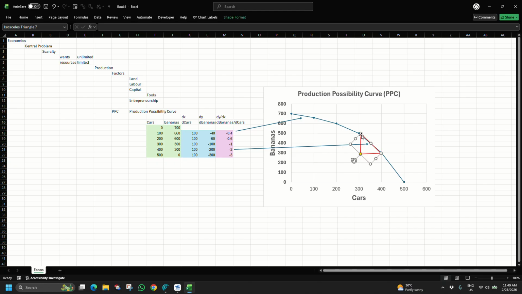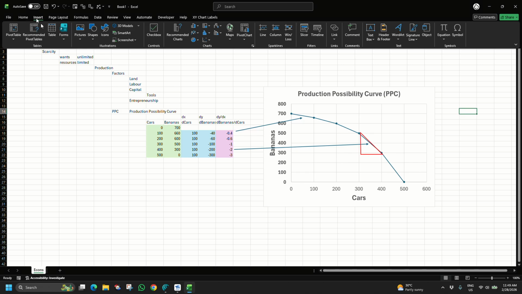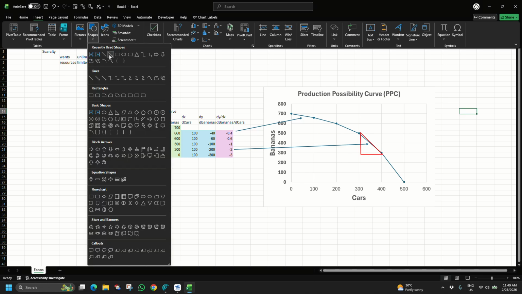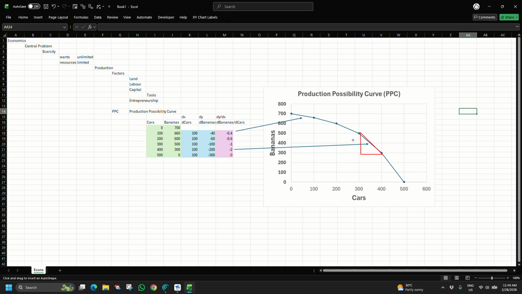Basically this triangle is the change in... right, you get the idea anyway. So if I insert an arrow here from 500 down to... from where?